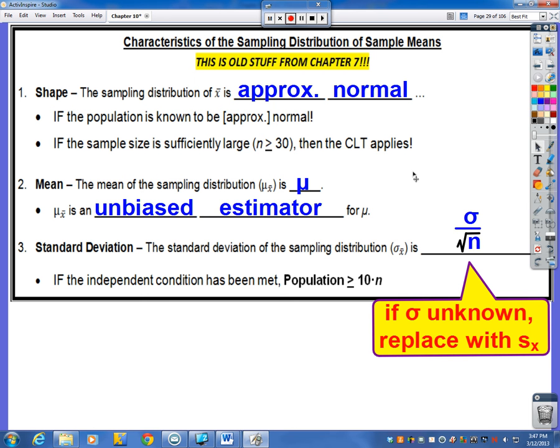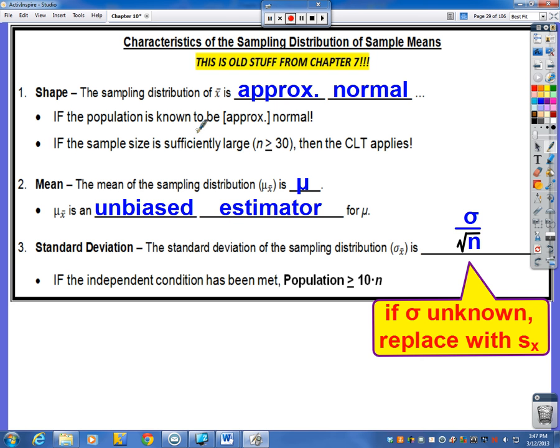Every one of us would probably have different sample means. If we graphed all of those sample means together on the same axes, we would find a nice normal curve if certain conditions are met.